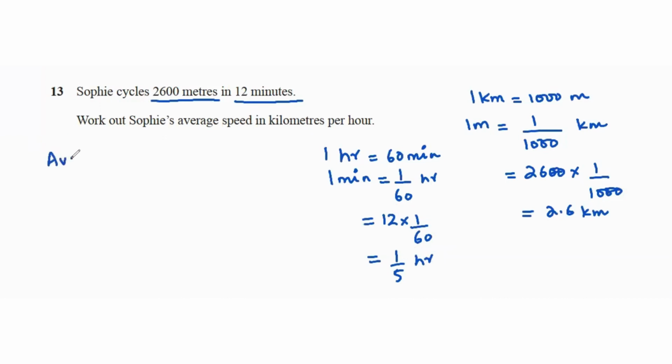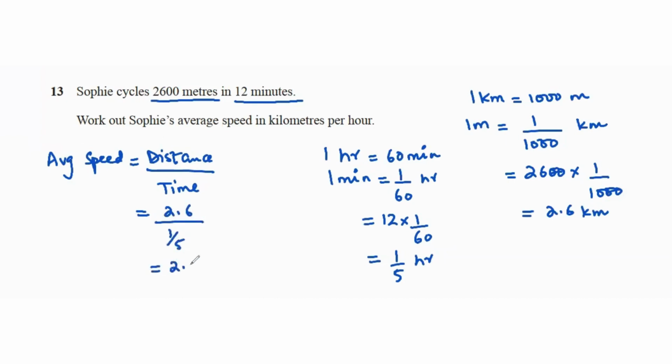So average speed is distance over time. Distance is now 2.6 kilometers. Time is 1 over 5. Let's rewrite this as 2.6 divided by 1 over 5, which is basically 2.6 times 5.